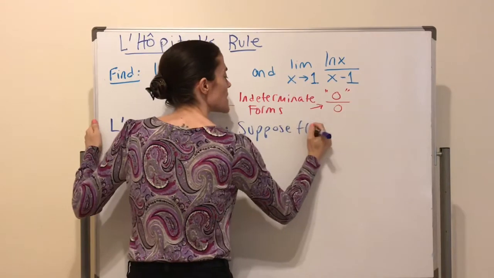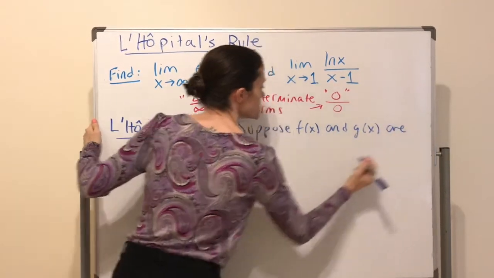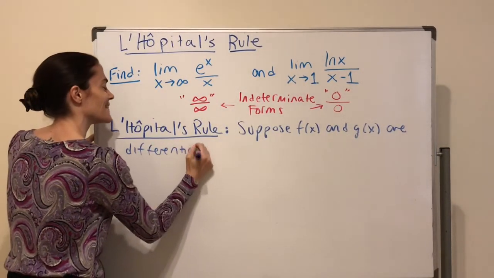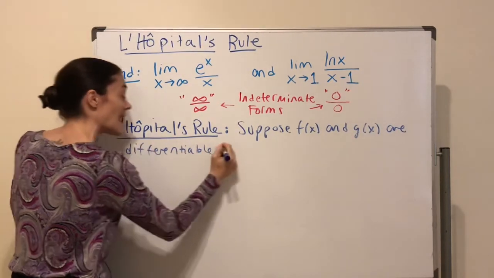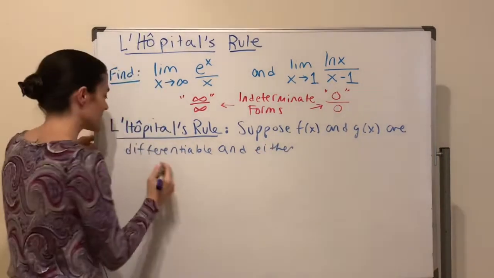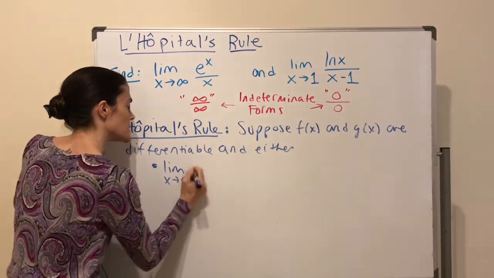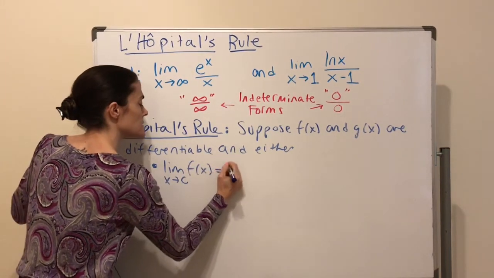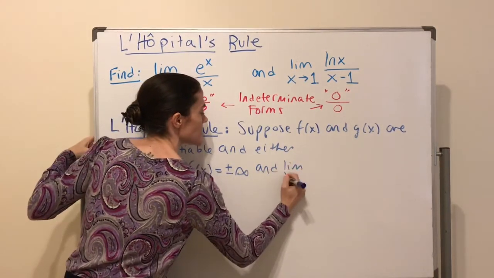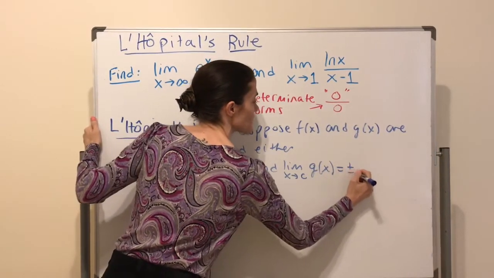Suppose f of x and g of x are differentiable and either, well, there's two possibilities. The first one is that the limit as x approaches c of f of x is plus or minus infinity, and the limit as x approaches c of g of x is plus or minus infinity.